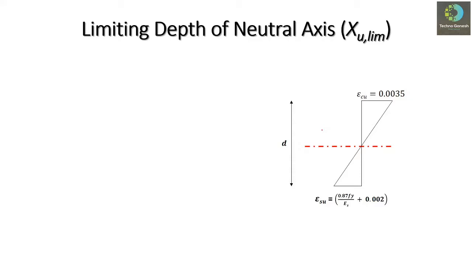Now let us consider the strain diagram. In this strain diagram, we'll consider the concept of similar triangles. By using these two similar triangles, we have to find the limiting depth of neutral axis. This is the limiting depth of neutral axis, and the remaining depth is d minus xu.